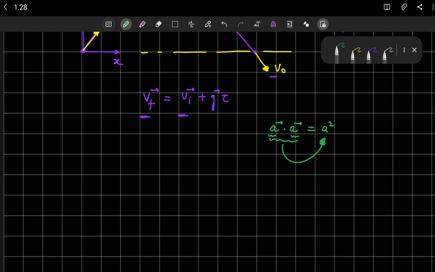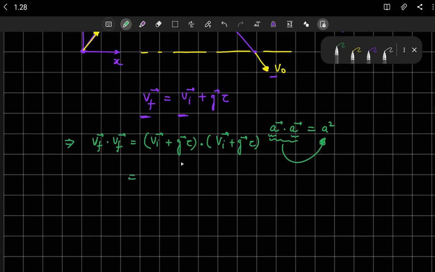That is what we want. So let us take the dot product of the final velocity vector by itself. We can write it as the initial velocity vector plus g vector into tau, dot product with the same vector, that is the initial velocity vector plus g vector into tau.